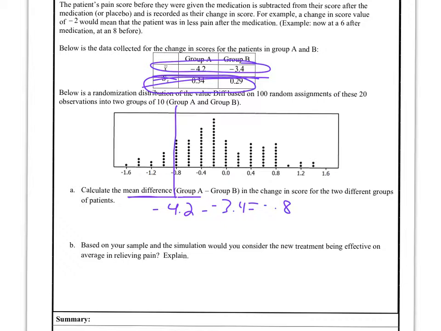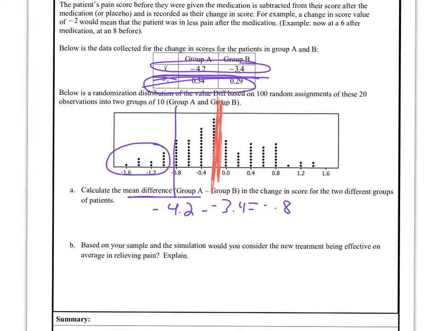Okay, and I'm just going to count, since it's clearly to the left of the middle. I would say that the middle is probably somewhere right in here, right? Clearly to the left of the middle. We're going to be doing the less than side, and we're going to count up everything that's less than negative 0.8. Not really including the negative 0.8, but counting everything less than it. So count those dots up: 2, 3, 4, 5, 6, 7, 8, 9, 10, 11.